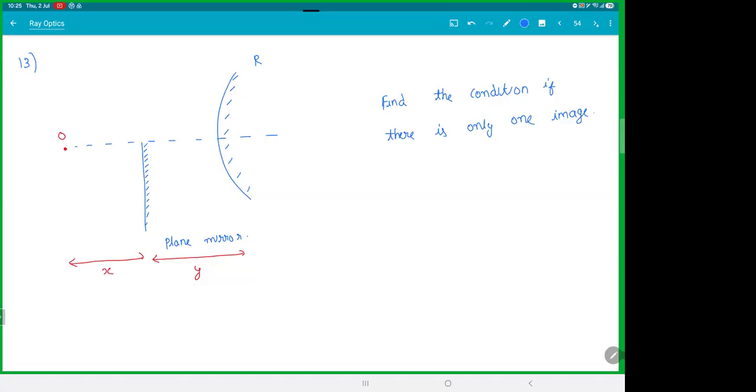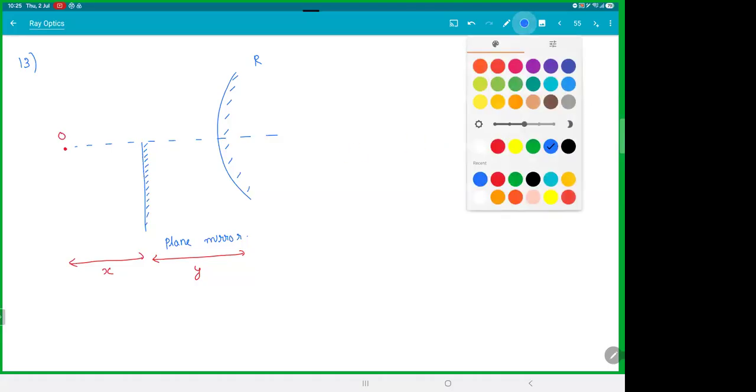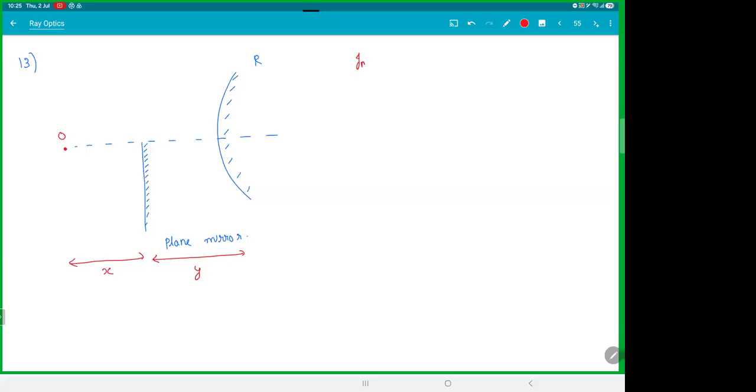Let's see. So what was the idea there? You can get only one image if both the images overlap. That was the main logic there. So images due to the plane mirror and the convex mirror must have overlapped. That's why you're only seeing one.